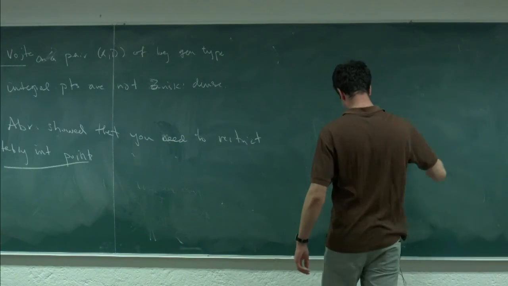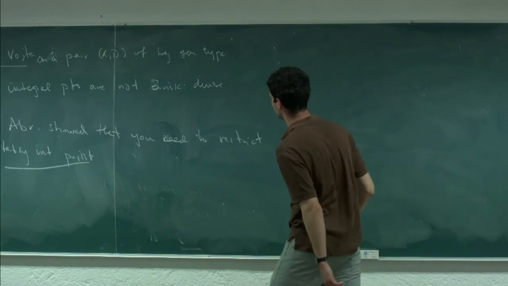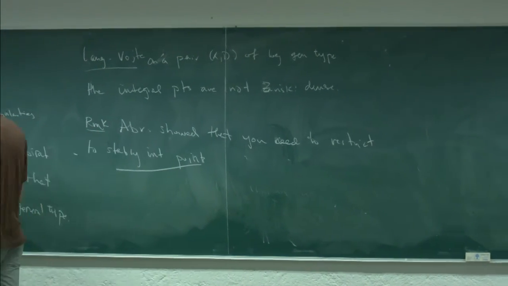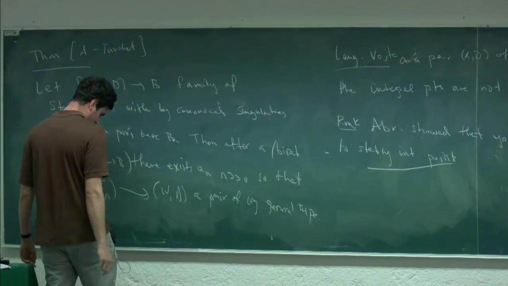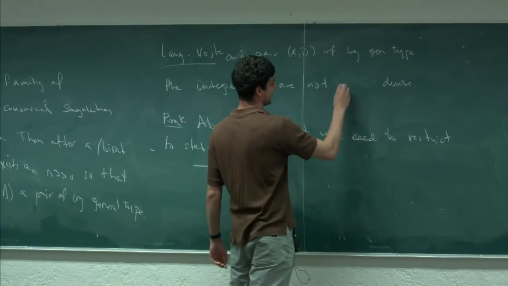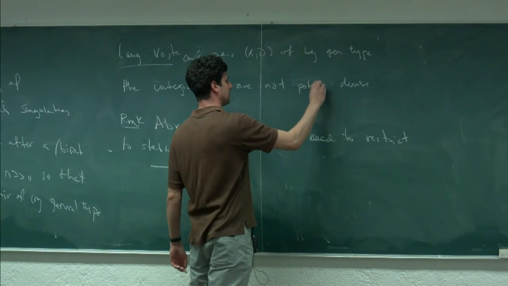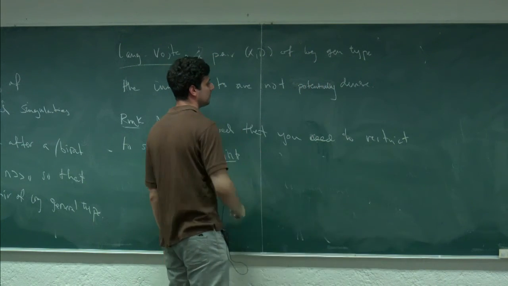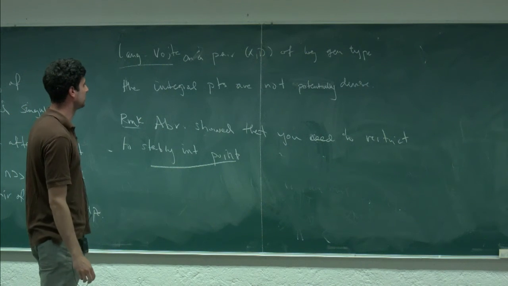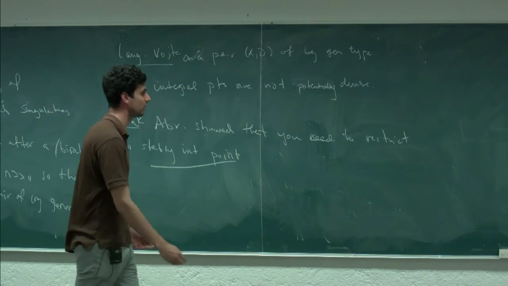What does it mean being Zariski dense for a pair? I should probably say potentially dense. I think it's usually said, are not potentially dense. Maybe I should even say what an integral point is then.